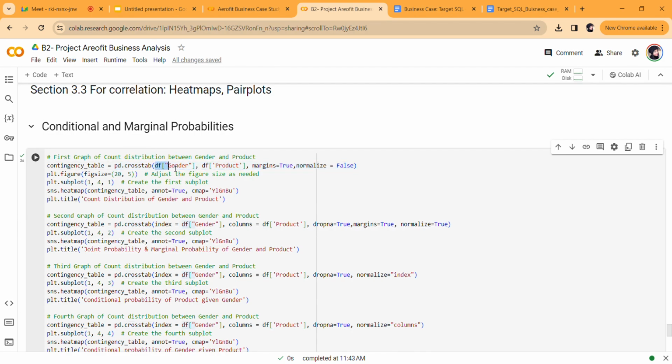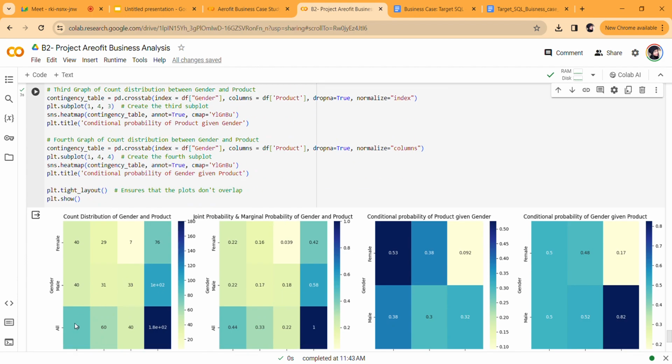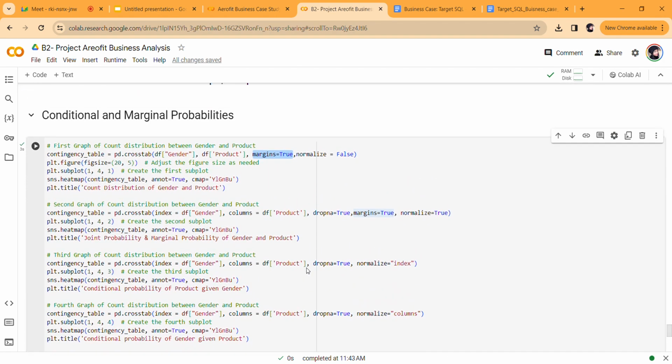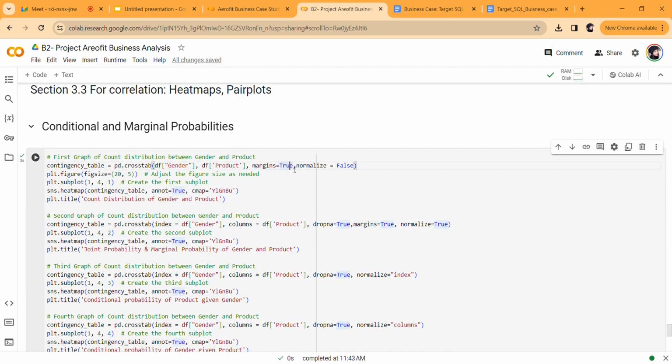You have to pass two data, and I have passed df gender and df products. Margins I am putting true, because if you don't put the margins, you won't be able to see the total. Normalization is false by default, so we don't need to put it.